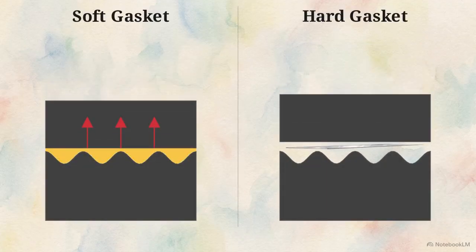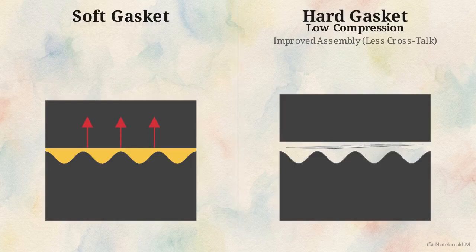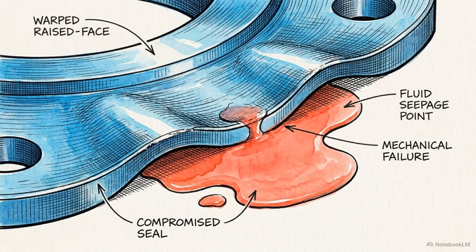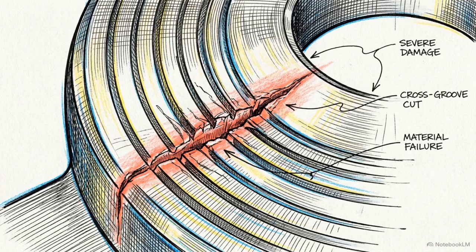Hard gaskets offer improved assembly with less bolt crosstalk, but their rigidity makes them highly sensitive to any waviness in the flange. These macro flatness checks are the foundational prerequisite. A flange that fails its T1 or T2 limits will not seal reliably under pressure, regardless of how perfectly scratch-free the surface finish appears. Once the overall waviness is validated, the inspection targets localized microsurface damage.